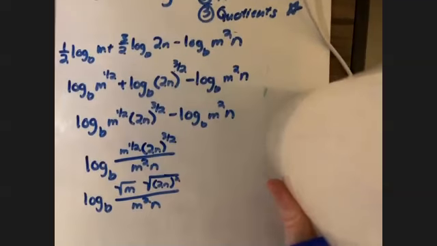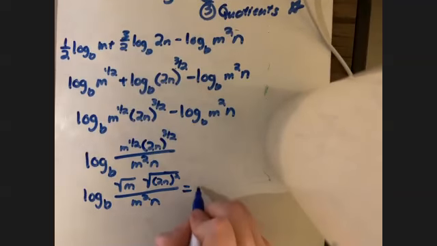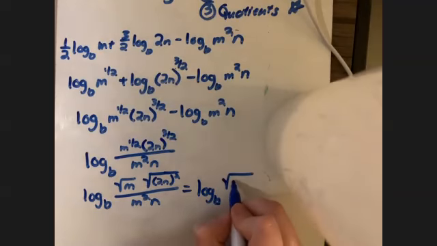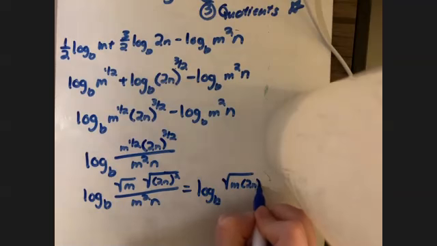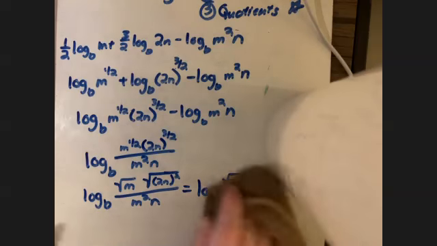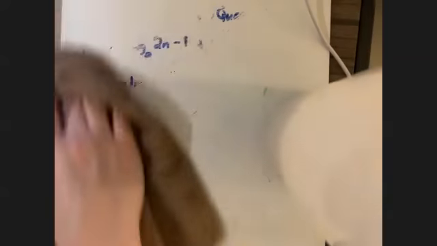Now, the other thing that they might do with this one, just because those are both square roots, is do the square root of m 2n cubed over m squared n. Now do be careful about what is under the root and what is not under the root, because you want to make sure that all of that stays nice and tidy. When you do that, also be careful with that when you're having to type answers into like MyMathLab and stuff like that. Okay, so onward to the next topic.